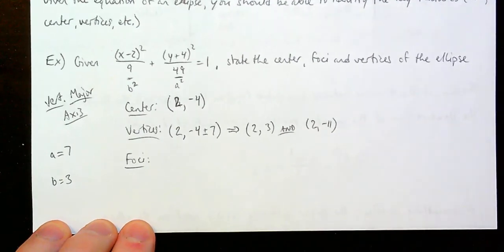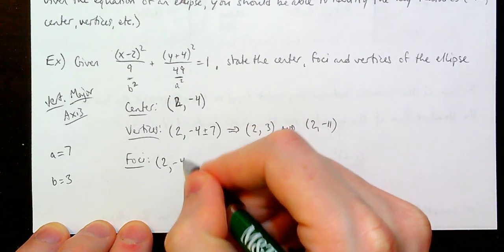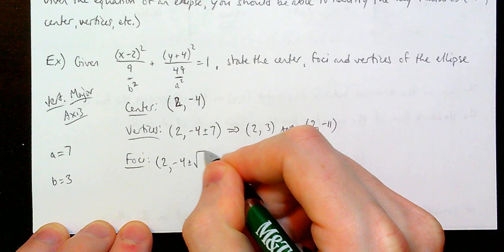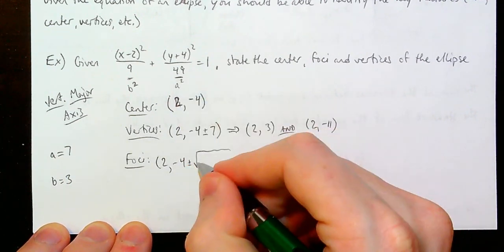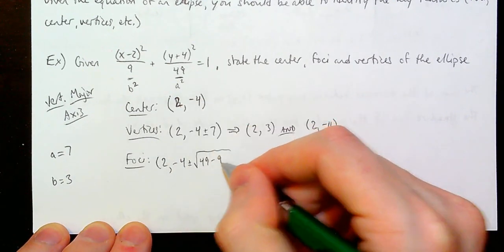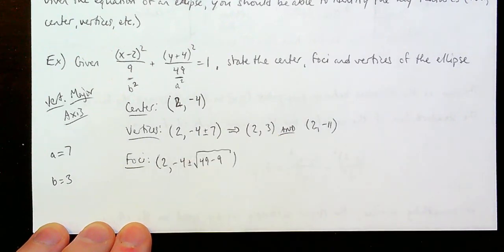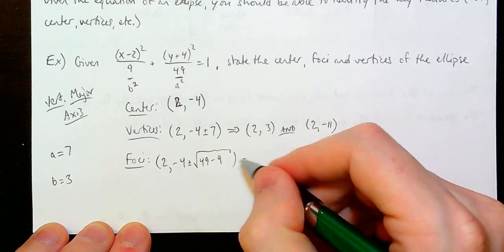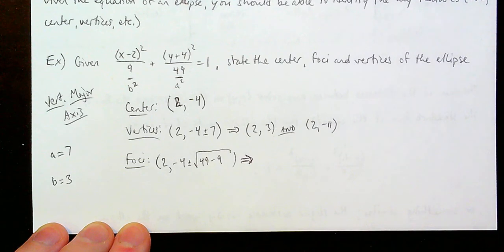So going down here and doing our calculation, 2 comma -4 plus or minus the square root of a squared, 49, minus b squared, 9. In many cases, as we will see here, you don't always come up with something very nice in your square root.